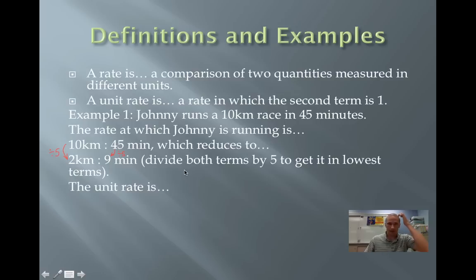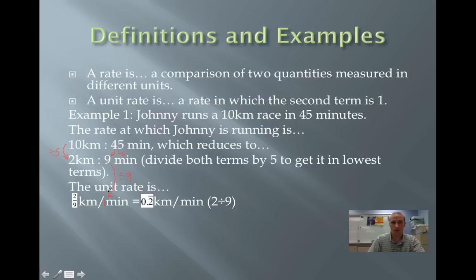So if we'd like to have it as a unit rate, then what we're looking to do is to get the number of kilometers per 1 minute. So the way that you do that is by dividing by 9.